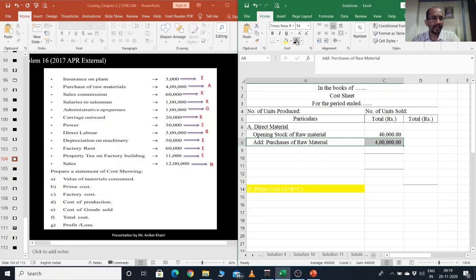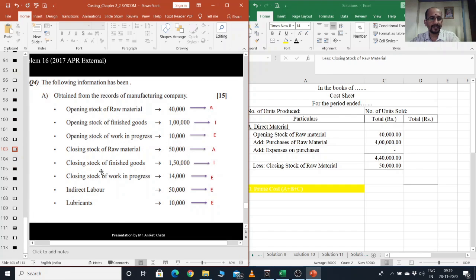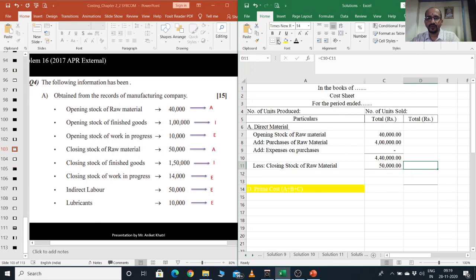Again you need to add the expenses on purchases. In this example it is not mentioned, so put a dash. Do the total, it is 4,40,000. Now minus the closing stock of raw material. It is mentioned on the first page, 50,000. Do the total in the outer column, 3,90,000. So this is your material consumed.